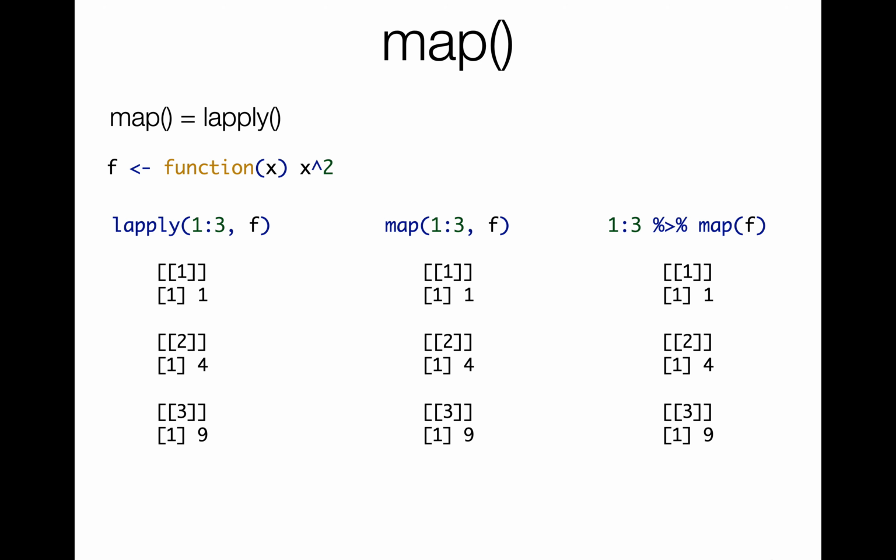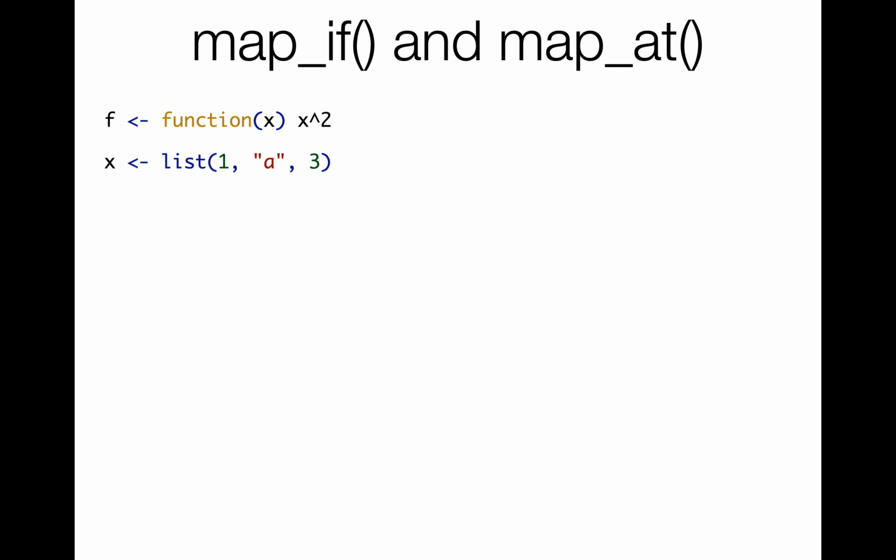So that's map, but there are many variants of map. Two nice ones are map if and map at. As you might guess, map if is going to take in some logical conditions, and with map at you tell it where you want to map and where you don't want to map.